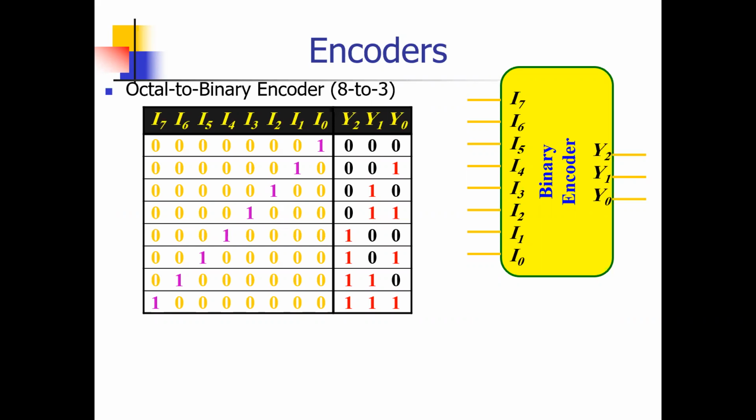OR gate, not AND. AND means all together. Here, either this or this or this or this, then the result will be y0. So y0 will be 1 if I1, I3, I5, I7, any one of them is 1. Anyone. What is y1?